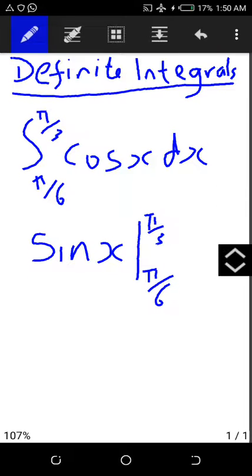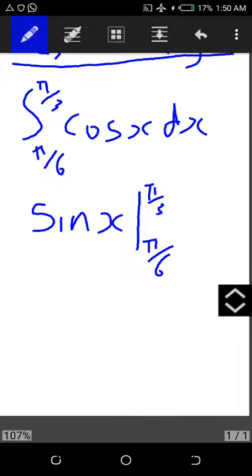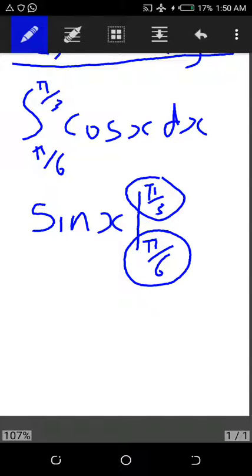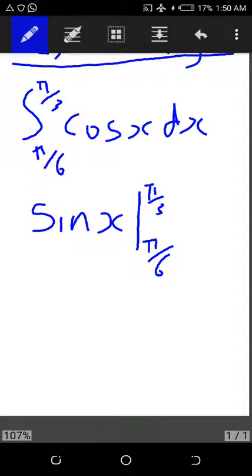So let's continue. The next thing is for us to plug in the values, these two values, the upper bound of pi over 3 and the lower bound of pi over 6, inside this x. We'll have to substitute those values in x and evaluate. Remember, we are going to connect them with the subtraction, the minus sign.